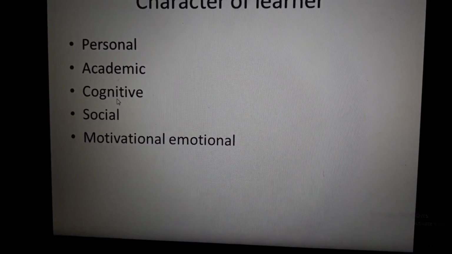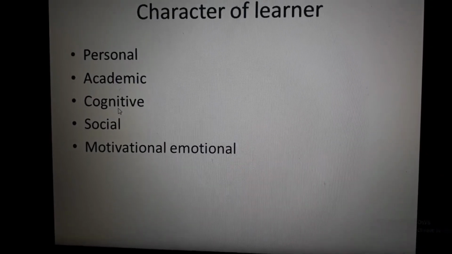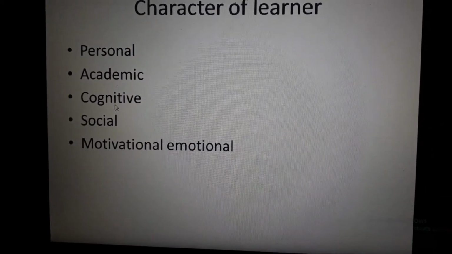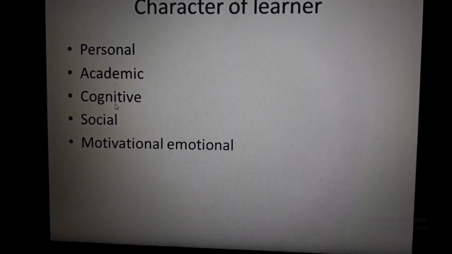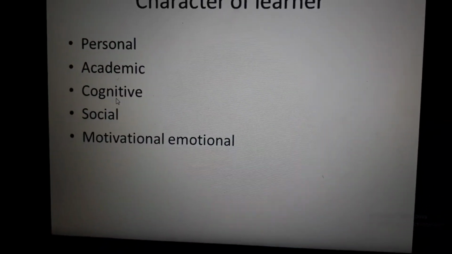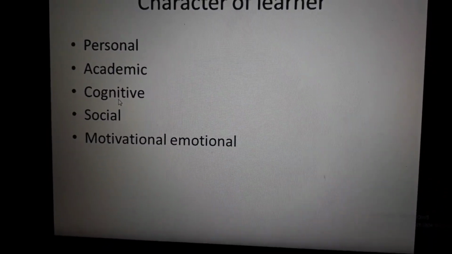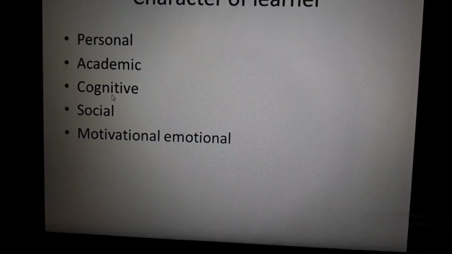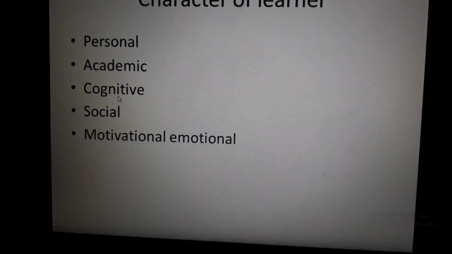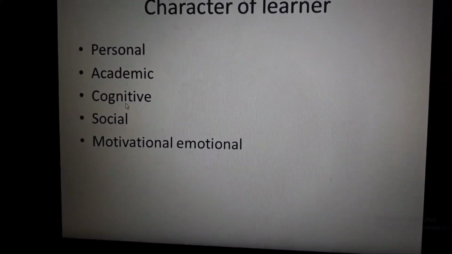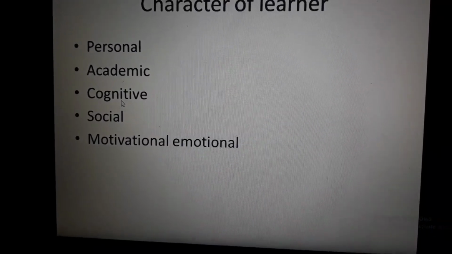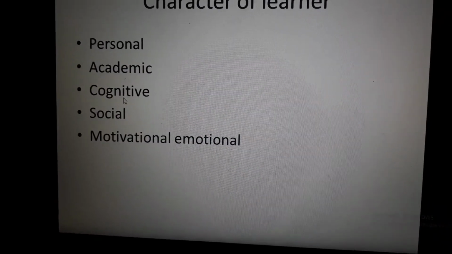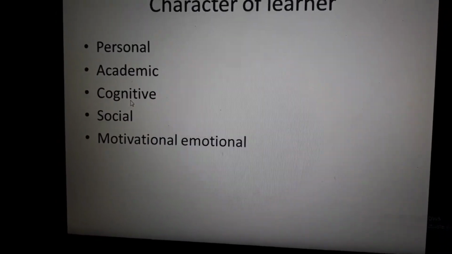So how he copes with the social environment, the relationship between his friends, families, etc. So these are the social characteristics, how he behaves when he is with his friends, his peers, etc. They also overreact to ridicule, embarrassment, and rejection when learners are in their peer groups.